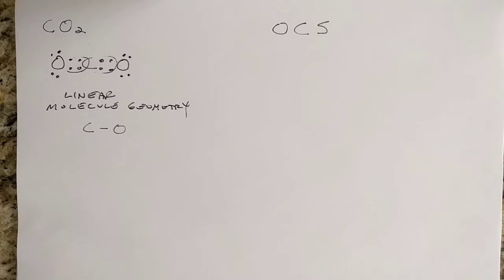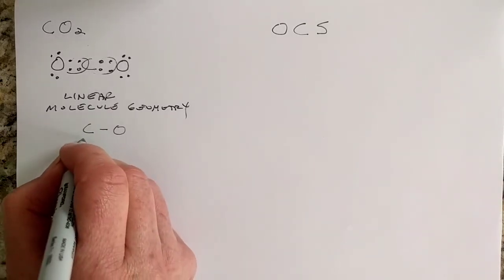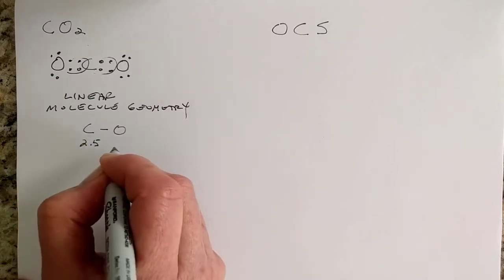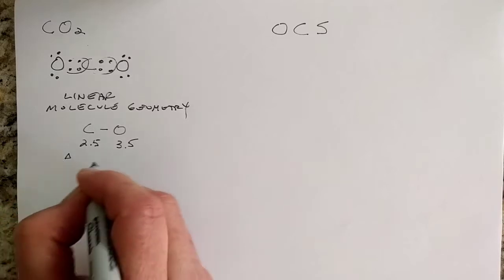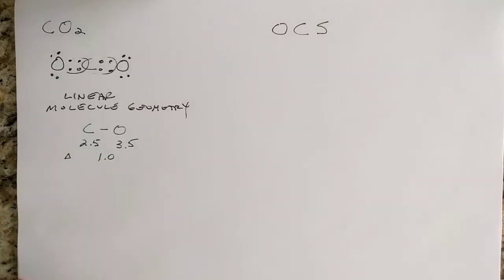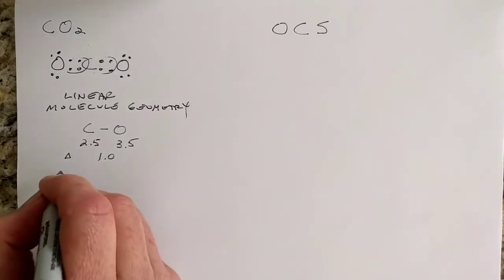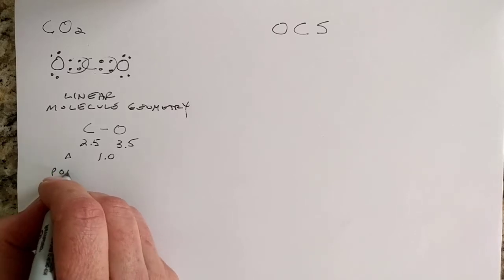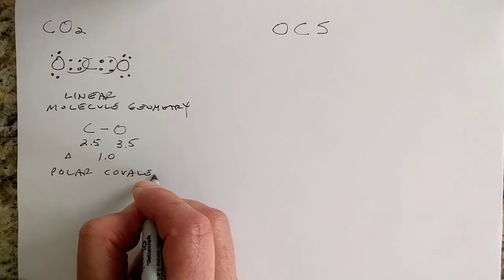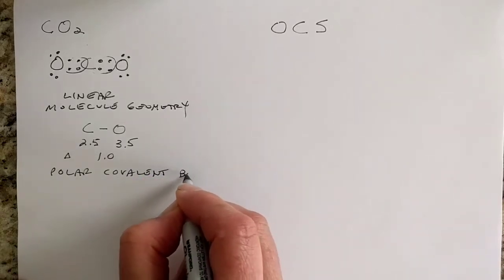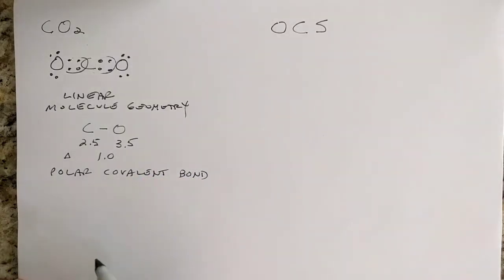So using our periodic table of electronegativities, we can see that carbon is 2.5 and oxygen is 3.5 for a delta of 1.0. This is in the range of polar covalent. So that is a polar covalent bond.